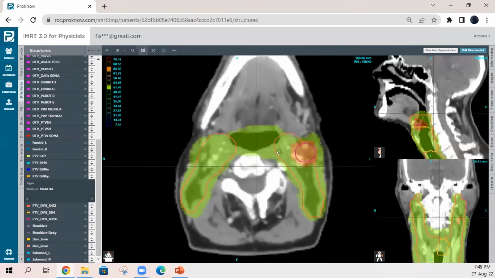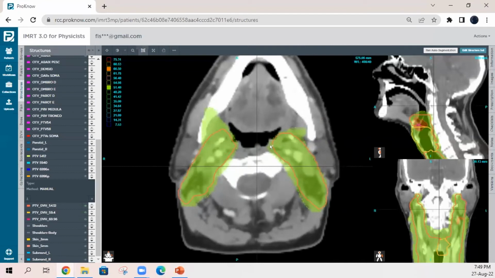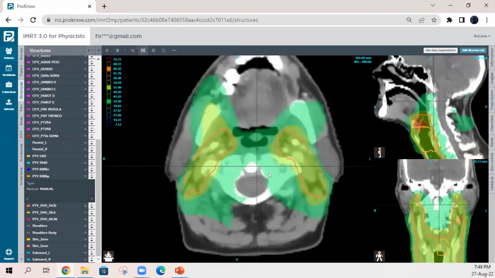The problem here is these two should not touch each other. If you go to the 50% of the dose, which is 34 or 35 gray, let's say, you can see this is the 50% of the dose. These two edges should not intersect. I should have a gap here. This gap will allow me to lower the spinal cord and also the oral cavity dosage.